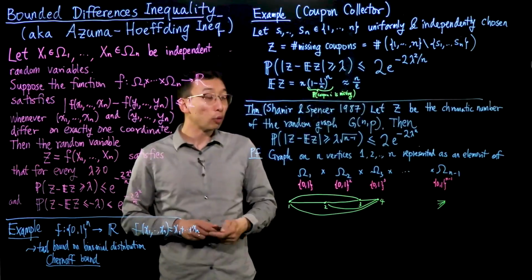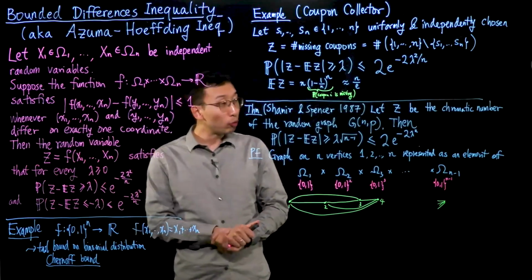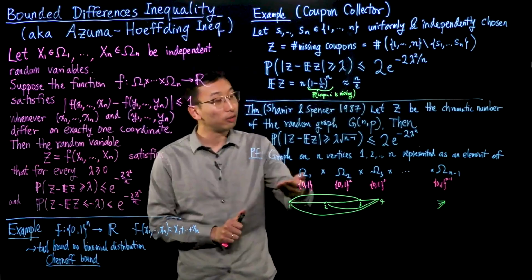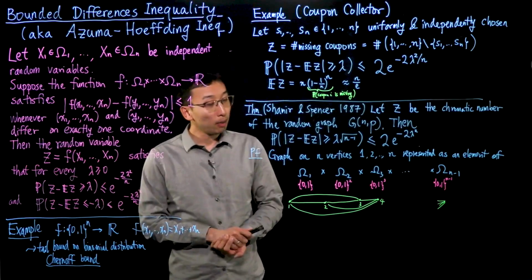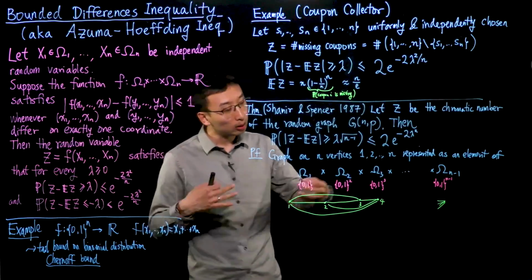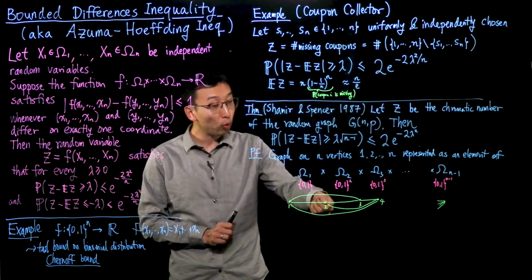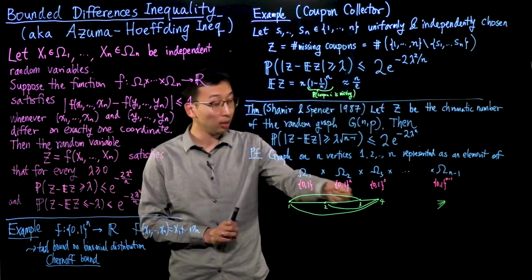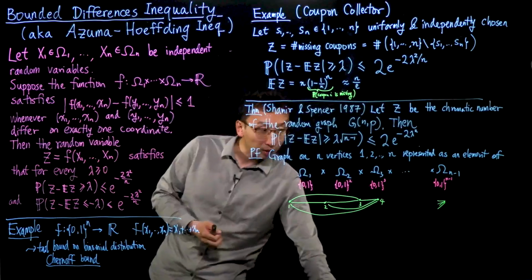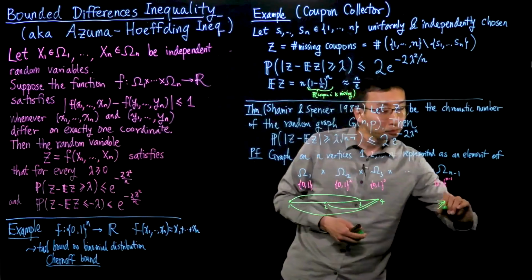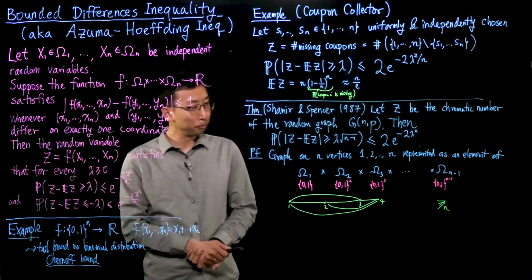So every graph on n labeled vertices can be represented as an element of this product set, and vice versa. Basically, we're clustering the edges together according to the right endpoint of each edge, according to this vertex order of the vertices.